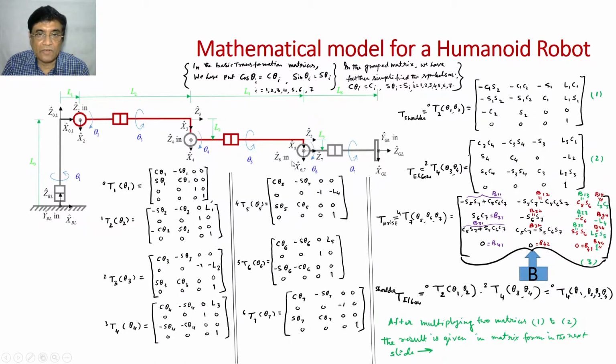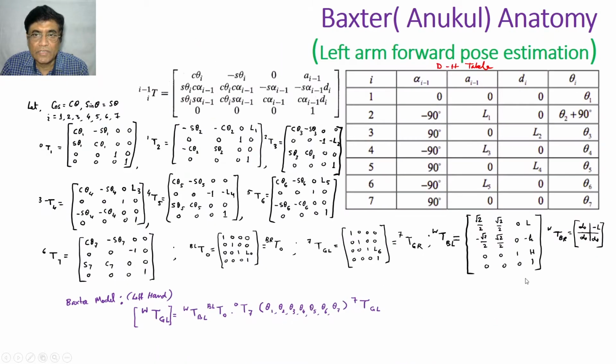These are my raw materials which we already have. For model development, to avoid unnecessary computation, we have ignored these constant terms: frame 0 with respect to the left base or the right base, then the left gripper with respect to the end joint, joint number 7.